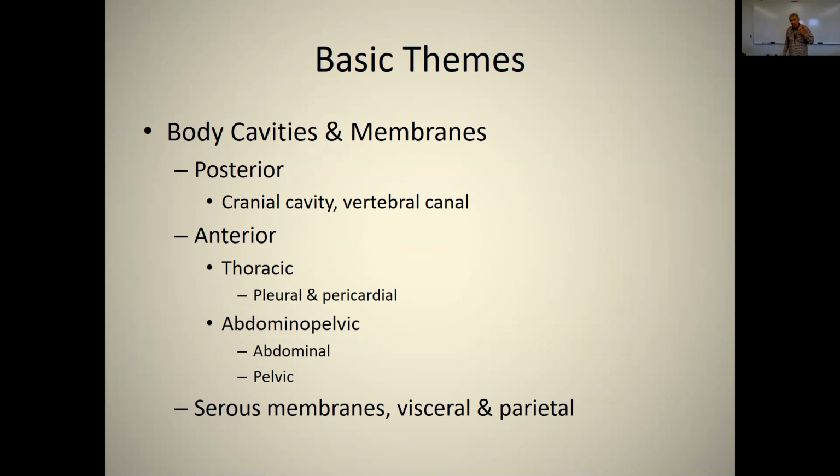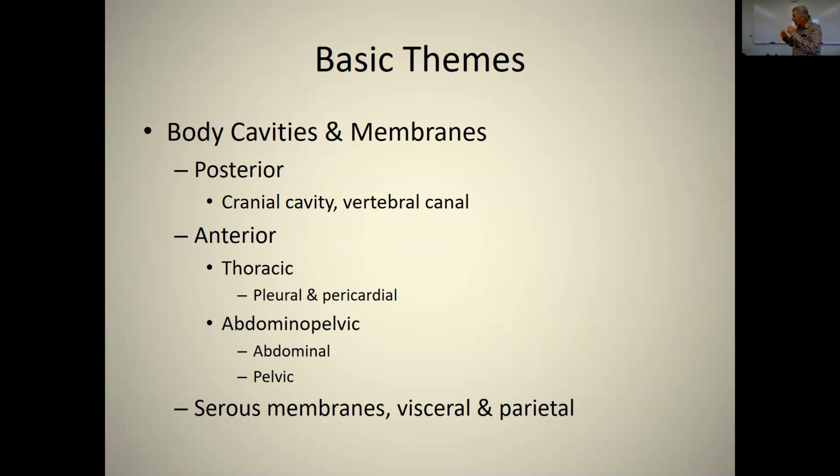In every membrane in the body, all these cavities are lined by a membrane, a simple squamous epithelium that's serous. That means it secretes this watery fluid that allows organs to move in these cavities without sticking to each other. And in every one of these categories, there are two simple squamous epithelia.